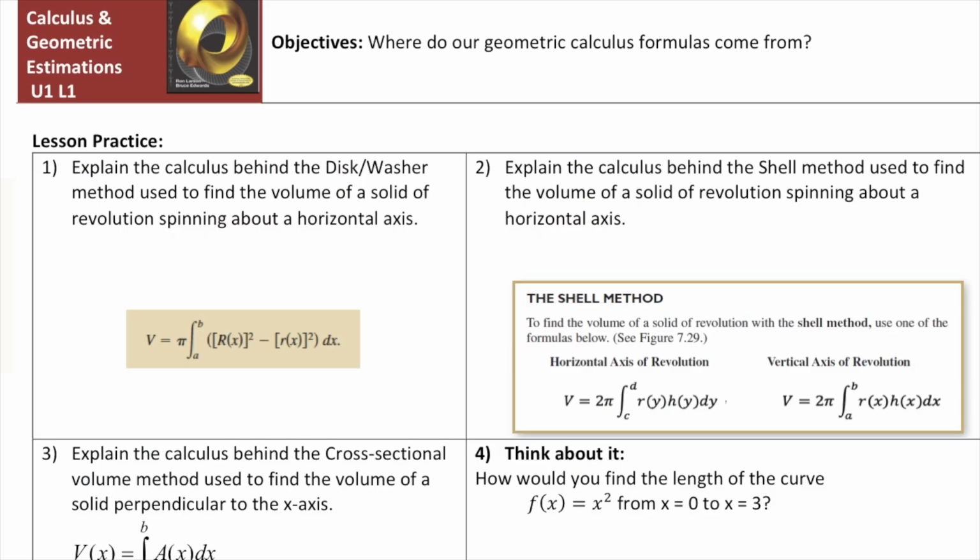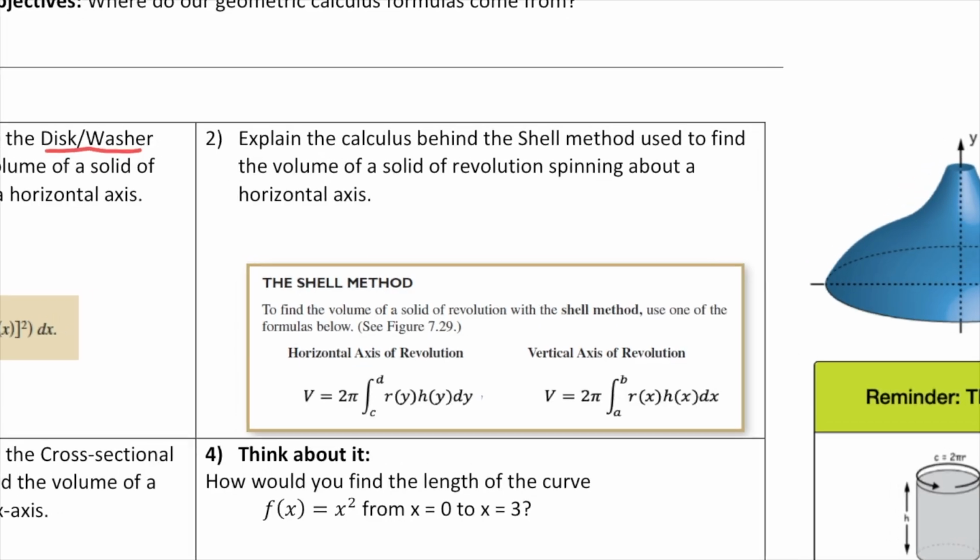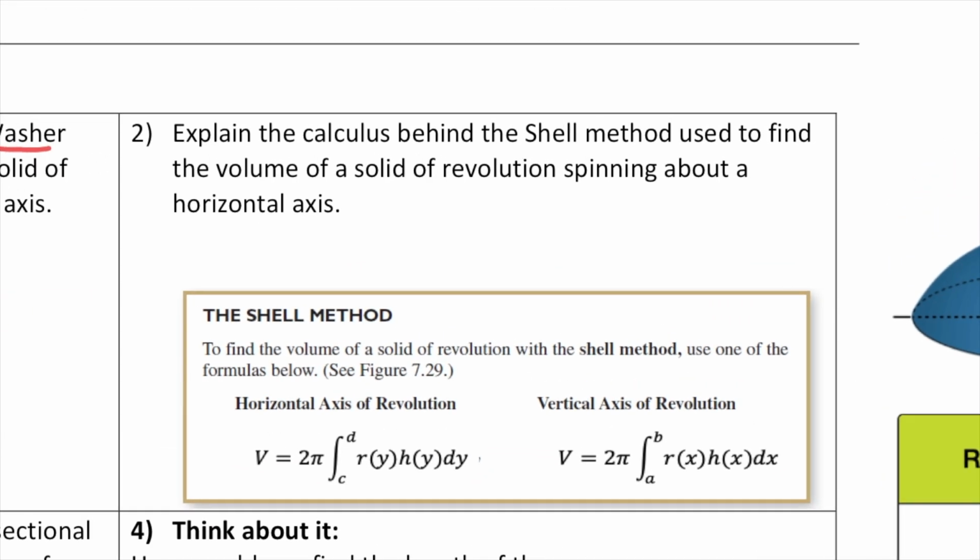Now, leading into today's lesson, you need to be able to explain the calculus, using geometry and limits, behind the disk washer method, so that we can find the volume of a solid of revolution spinning about the horizontal axis. Next, you're going to explain the calculus behind the shell method.